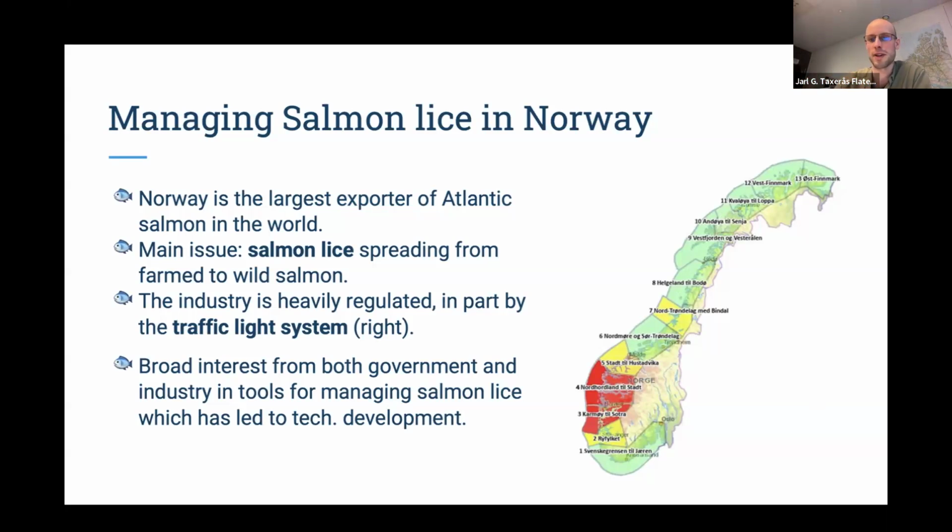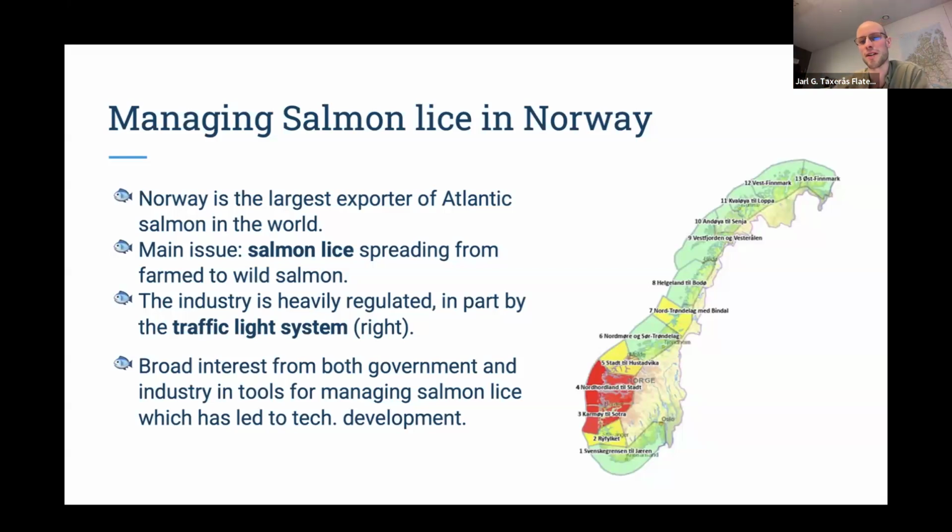And at regular intervals, every week, a locality has to count their lice numbers on the fish and make an estimate, and there's a specific way of doing that. Based on these lice numbers, a region is colored either green, yellow, or red. If it's red, then they have to reduce production in that area. If it's yellow, they can maintain their production. And if it's green, they can increase their production.